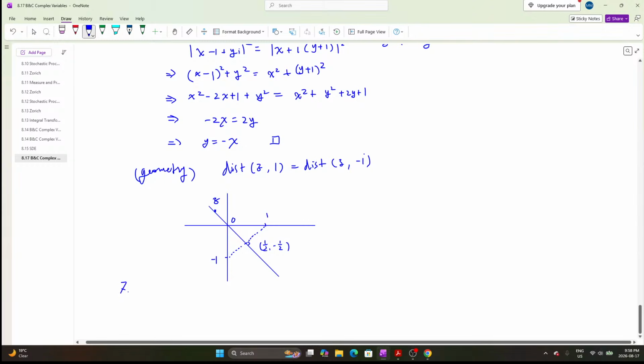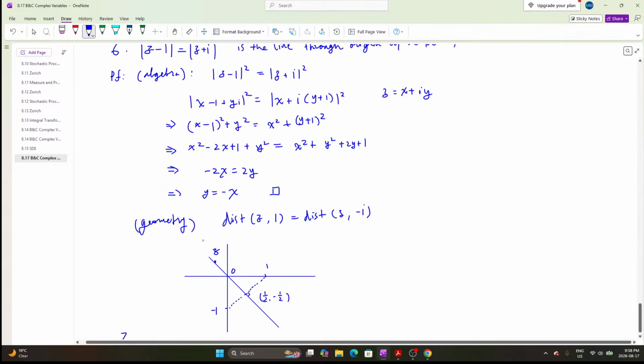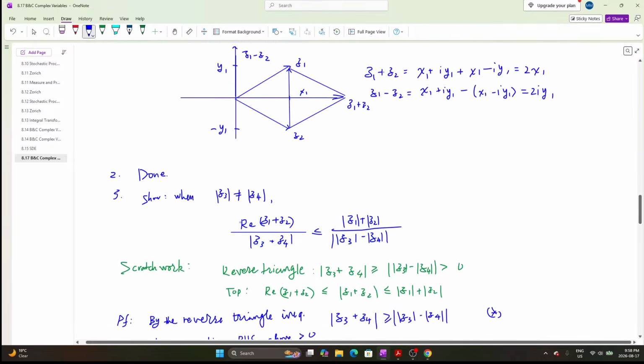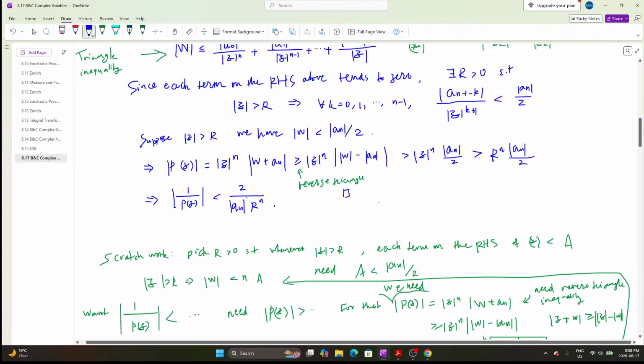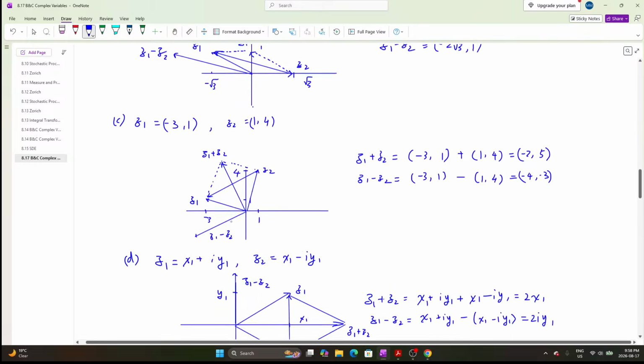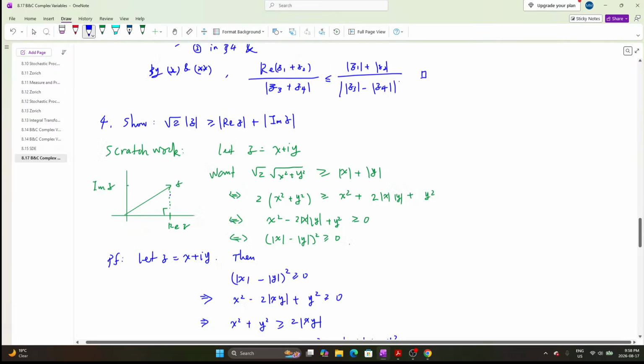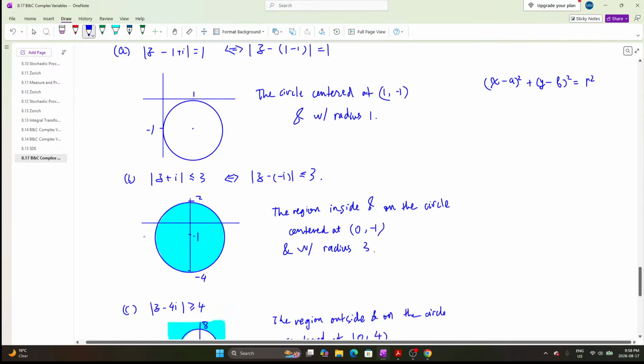Next up, question 7. It's similar to our polynomial reciprocal estimation in the example in the main text. So now we want to show something else.